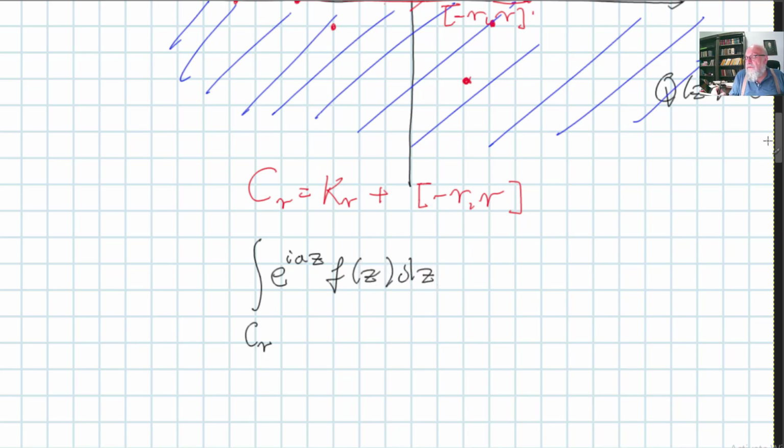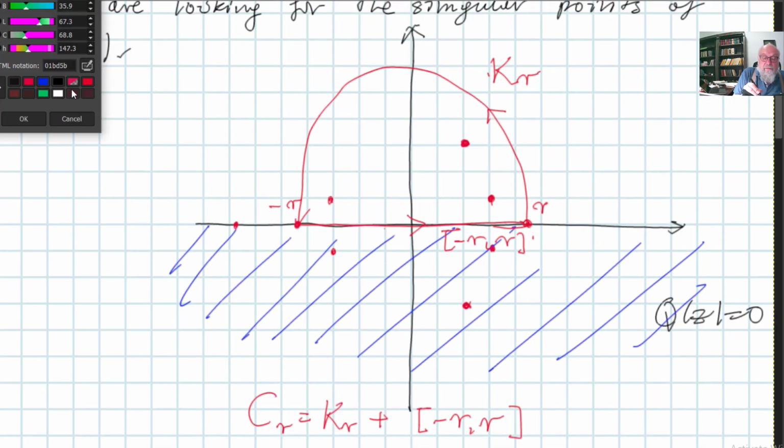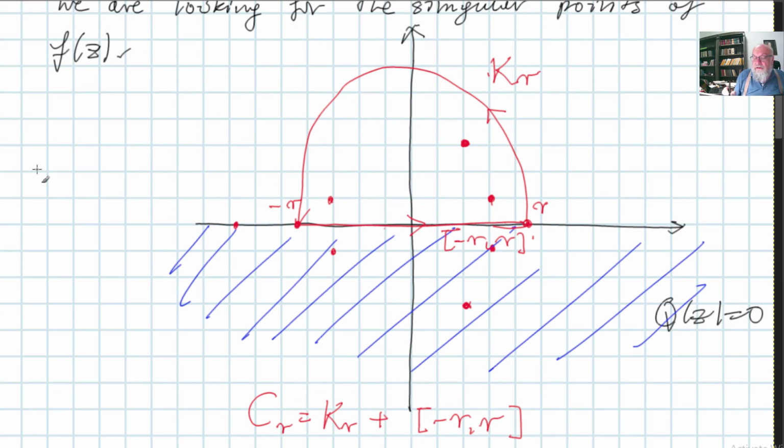As you can see, all the singular points in the upper plane are sitting inside the contour.